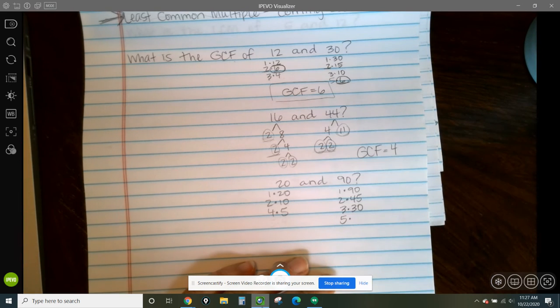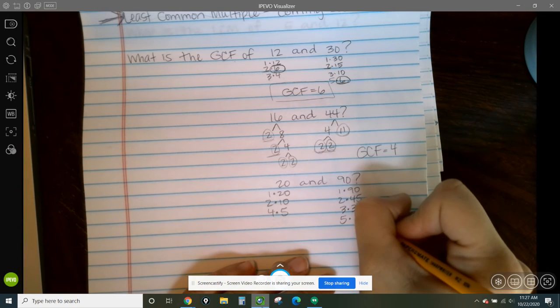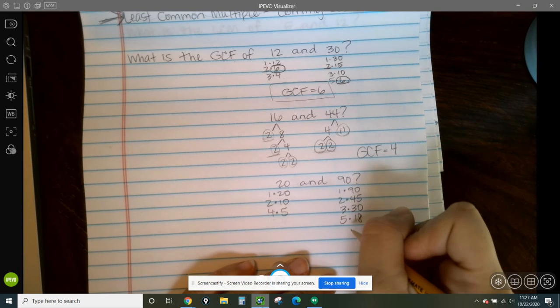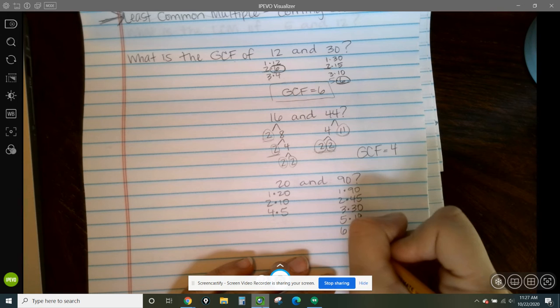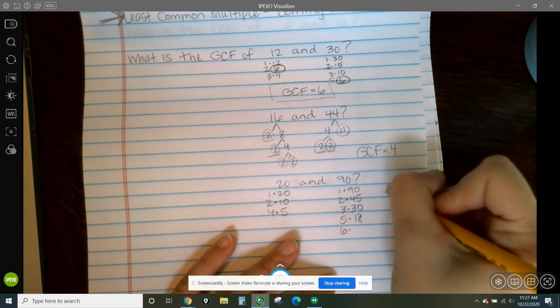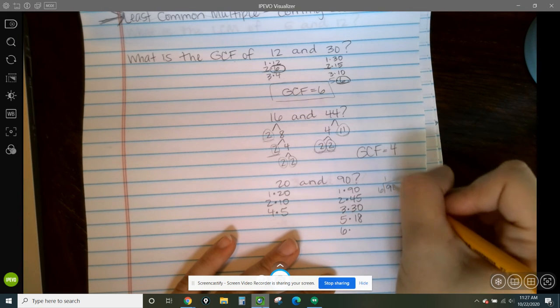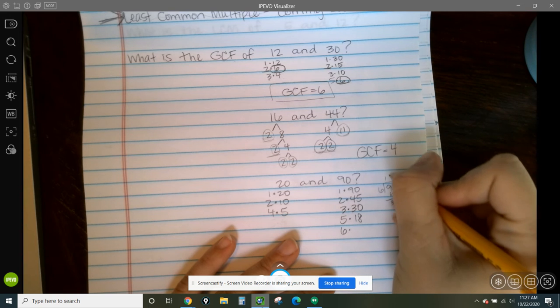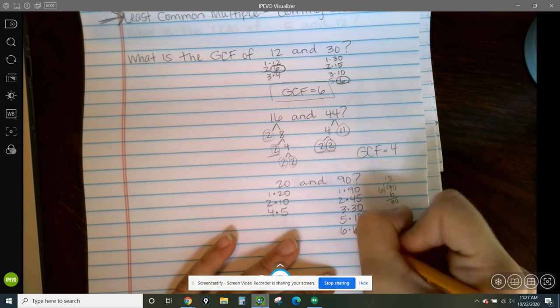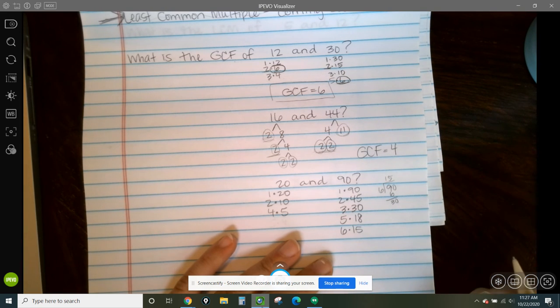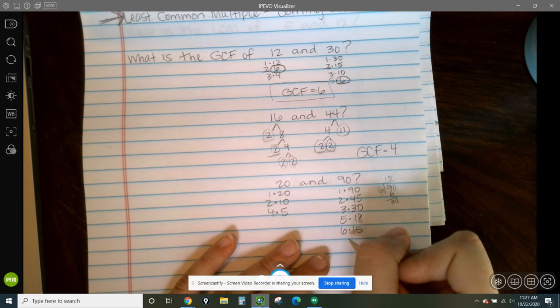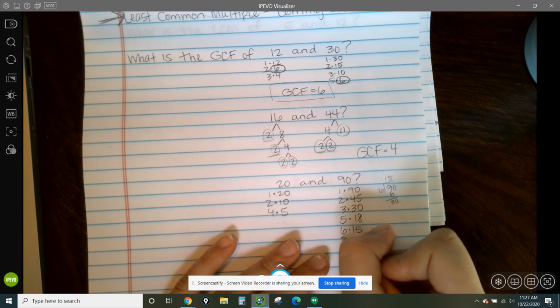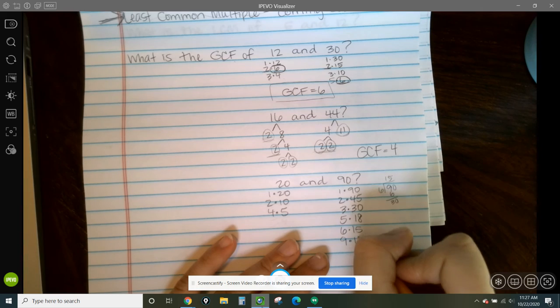Nope. 5 times what? 18. 90 divided by 6 is 15. So 6 times 15, 7 doesn't go in, 8 doesn't go in, 9 times 10, and that's the top of the list.